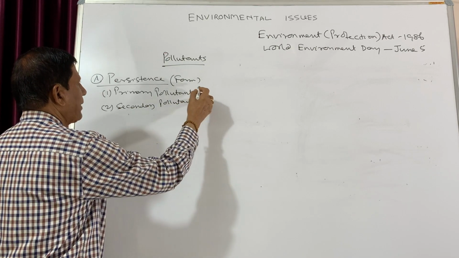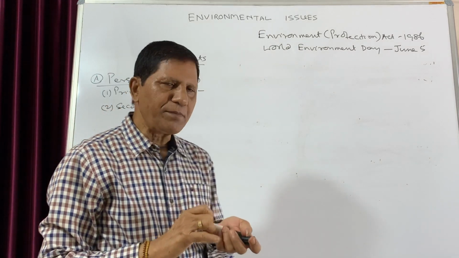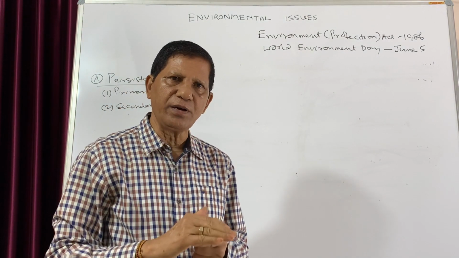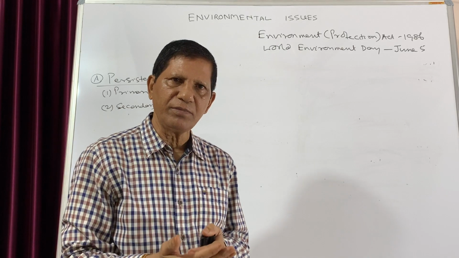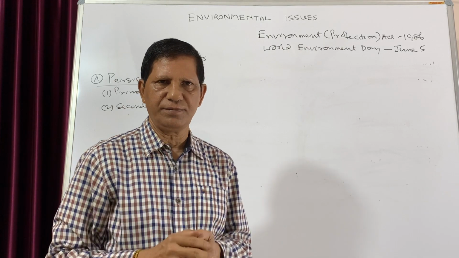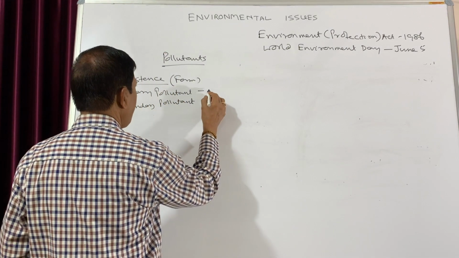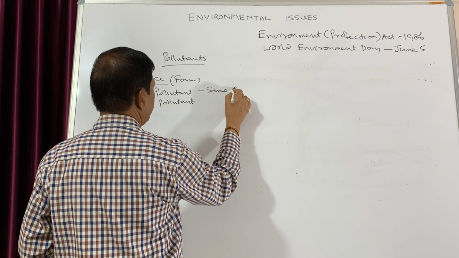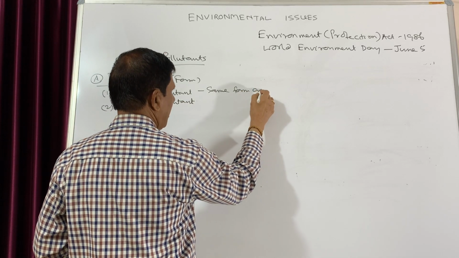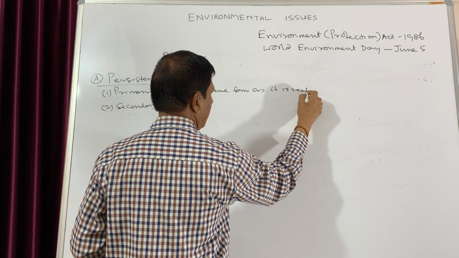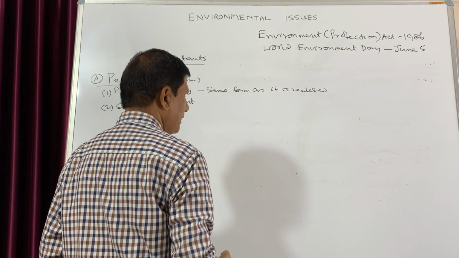So the primary pollutant is present in the atmosphere in the same form as it is released. What are the common examples?